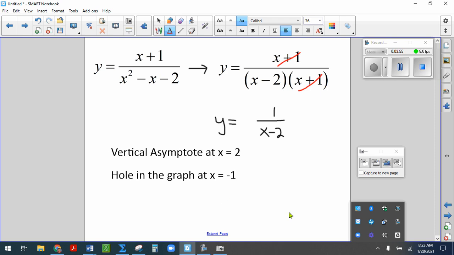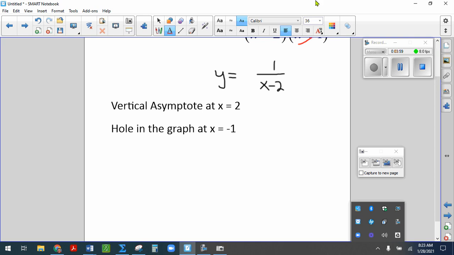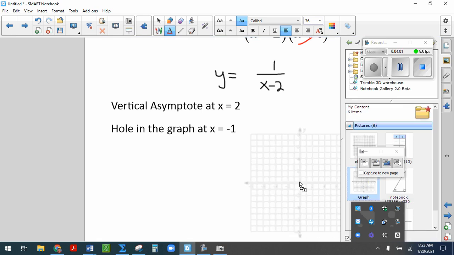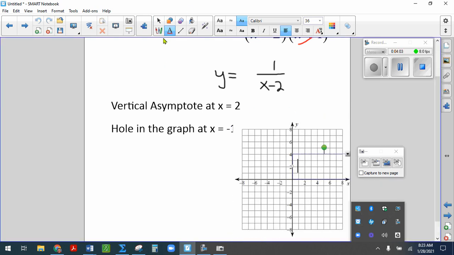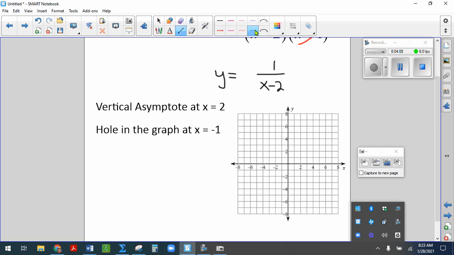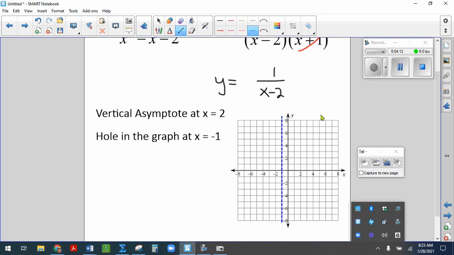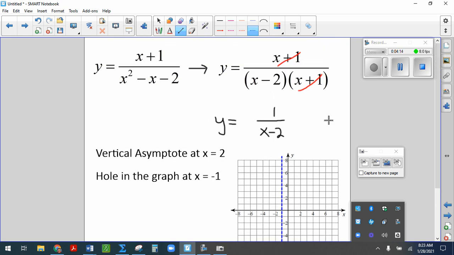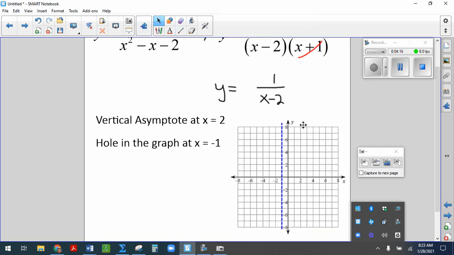And so what happens with that is that instead of having a vertical line at both of the locations we had before, now we're going to have a vertical line at just one of them. And at x equals 2, we said the vertical asymptote was at 2.